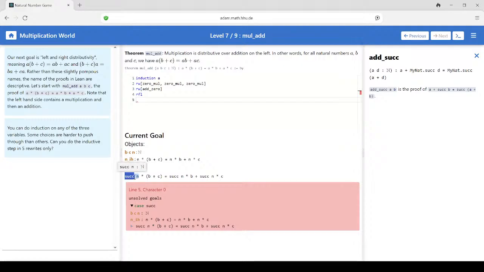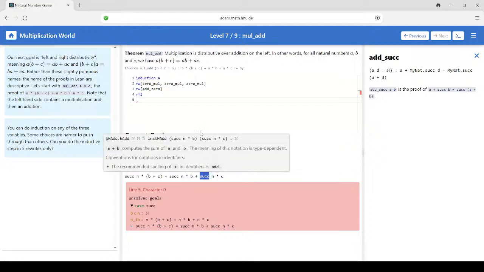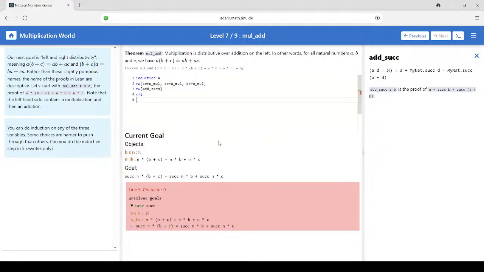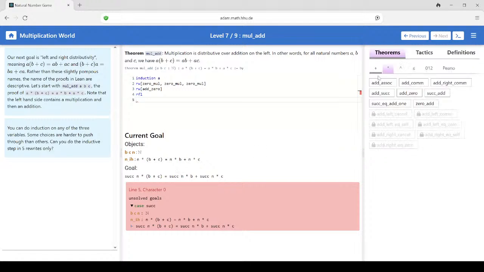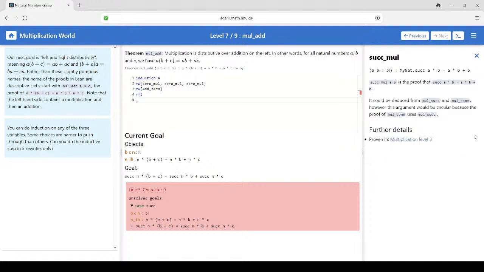If I can just get rid of the successors on all of these n's. I don't want the successor of n, I want n. What? Oh, what happened? Okay, I think we're still good. So the stream gave me a notification of something.